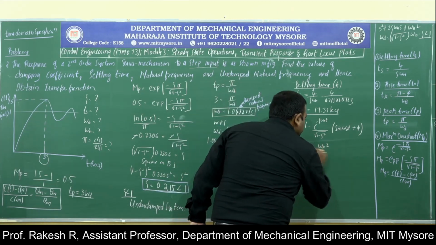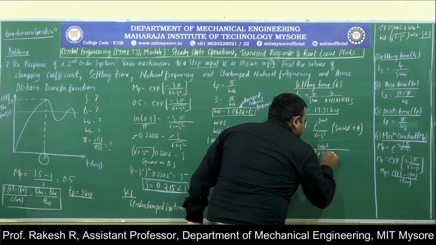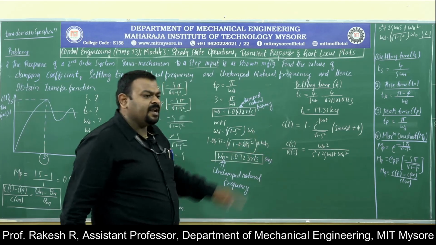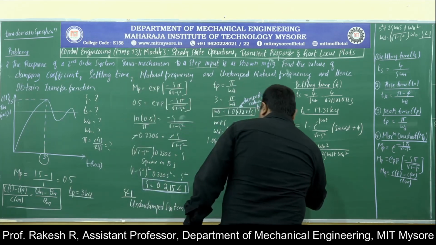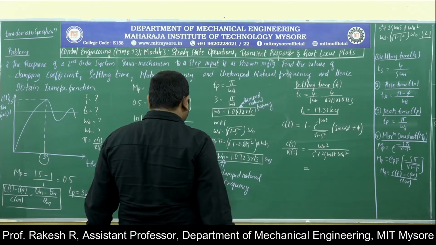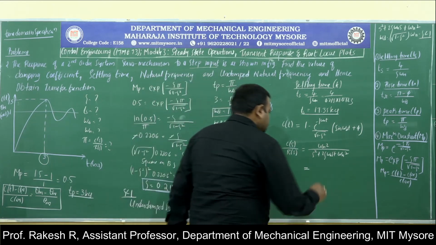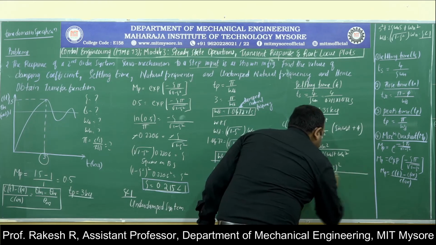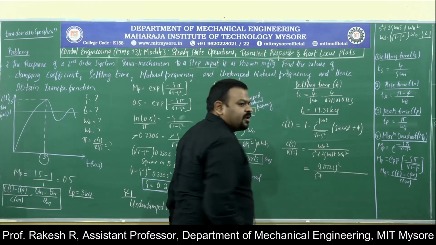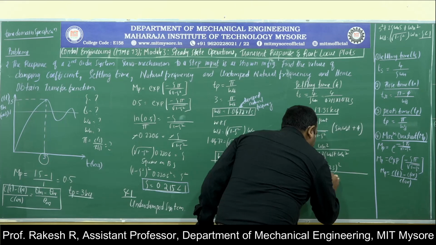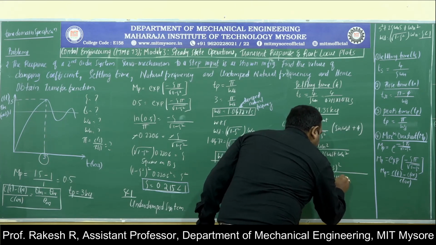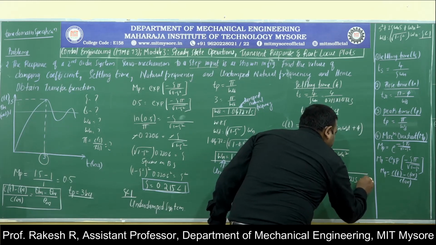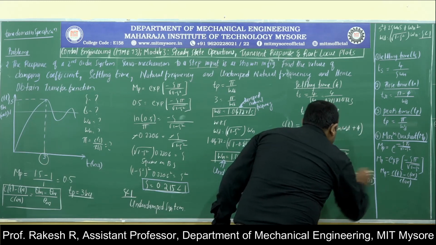We know it is omega n square divided by s square plus 2 zeta omega n s plus omega n square. Substitute the values. Omega n is 1.0723, whole square, divided by s square plus, what is 2 zeta omega n? 2 into 0.215 into 1.0723 s plus 1.0723 whole square.